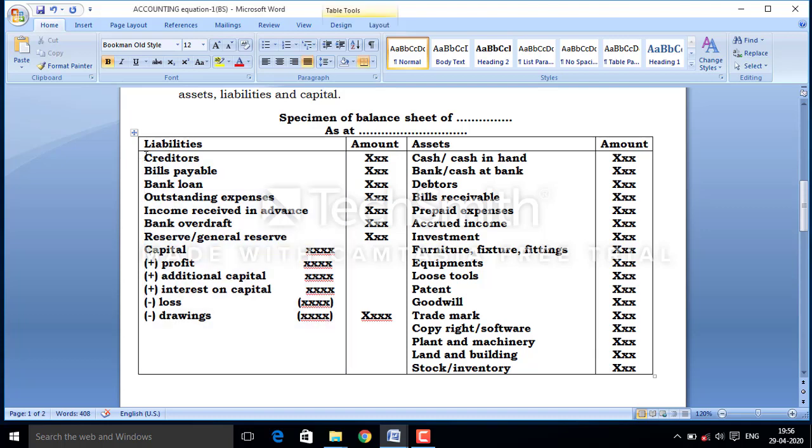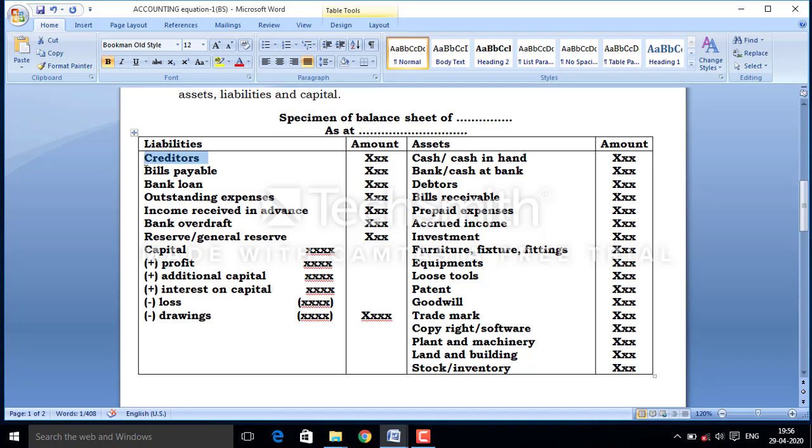Regarding the creditor, we have already discussed that the creditor means the person to whom we have purchased the goods on credit, or who has lent us money, or from whom we have borrowed some amount or goods. It means if we purchase anything or take money on credit, then the person will be known as creditor.